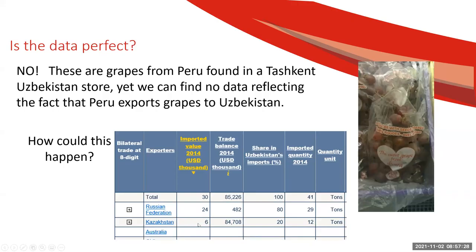Kazakhstan imports a little bit, $6,000. So it is possible that they were importing product through Russia, came in on a truck out of Moscow, somebody bought a truck and it maybe had some grapes on it. So the information is not perfect, but it's close. So even though in this case the grapes were there, they didn't statistically show up.